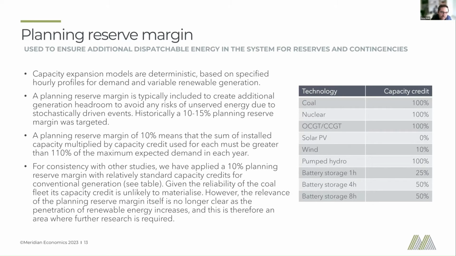But as you decommission that coal fleet, you start to build mostly a mix of OCGT and CCGT. Well, actually, for the planning reserve margin, it's mostly OCGT and some battery storage. And depending on the different capacity credits that you give those, the mix between OCGT and storage can change quite a bit in terms of the final projections.